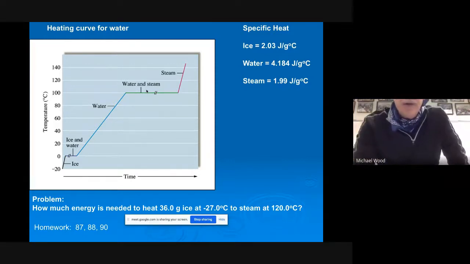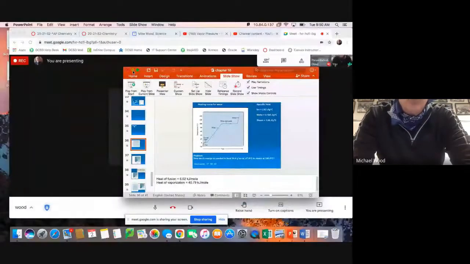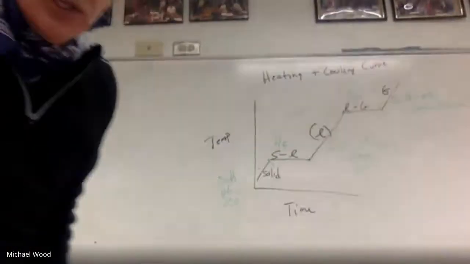Okay, so I want to do this problem. It says how much energy is needed to heat 36 grams of ice at negative 27 degrees Celsius to steam at 120. Like I was saying in class, I think it's number 4 on the quiz, it's just like this. In doing this problem, I'm just going to follow the diagram, where we are in the diagram and the calculation that goes with it.